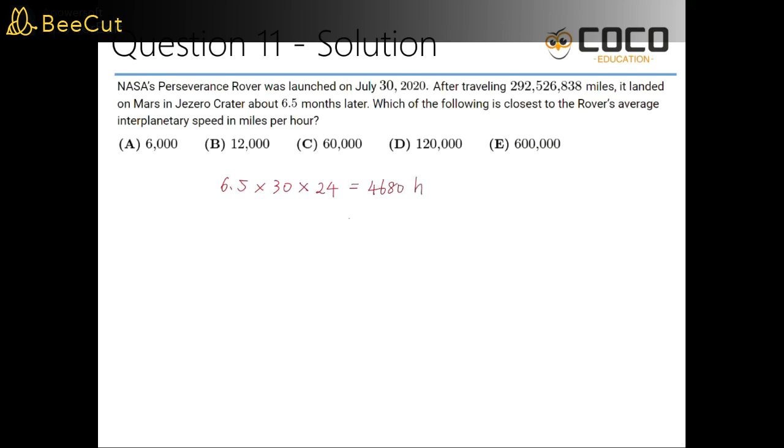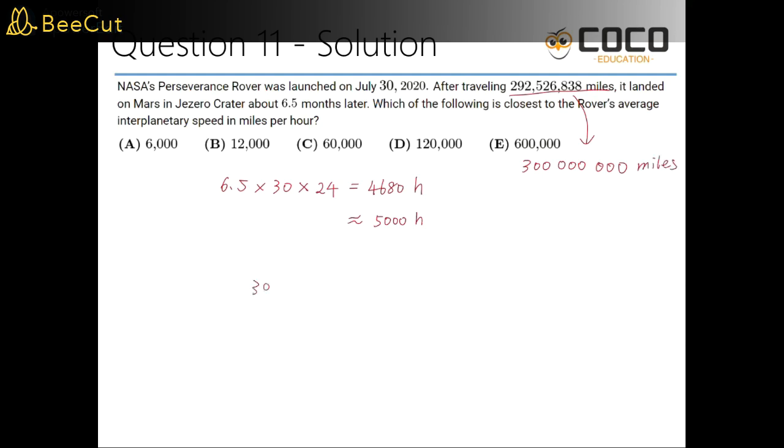Then we can do an estimation. So this is around 5,000 hours. Now, as for the distance traveled, we can also do an estimation. This is around 300 million. So distance divided by the time gives us the speed.